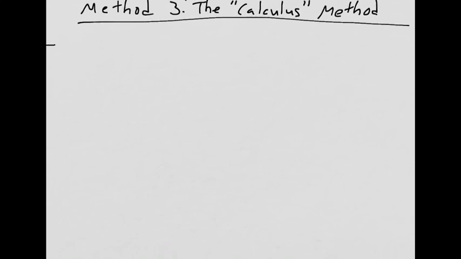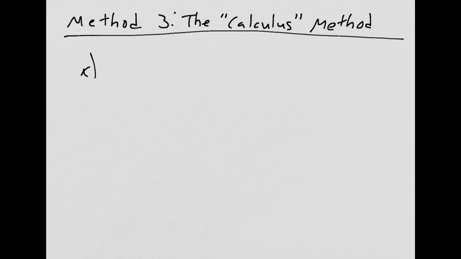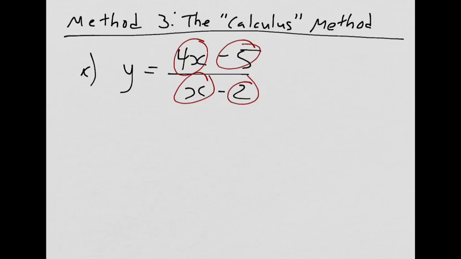Here's the calculus method. You can use this if you like. This is something your book doesn't teach you. Take that book. Here's what you do. You take every single term in your fraction, so this term, this term, this term, this term, and divide it by the highest power of x.